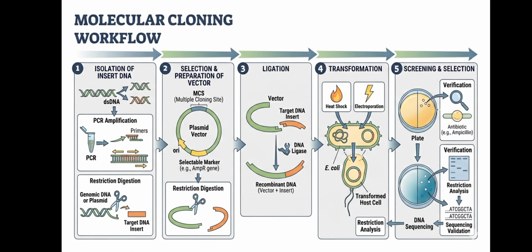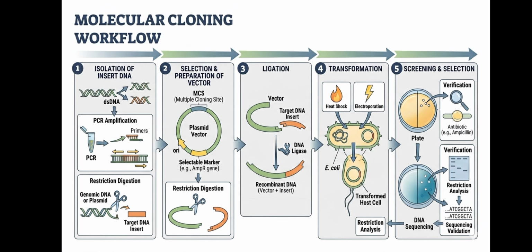So this is the molecular cloning workflow. This is important that you understand this. In step number 1, the isolation of insert DNA, let's say here we have taken the insulin gene as an example, and it has been amplified, that is, multiple copies of the insulin gene have been made. It has been inserted into the plasmid vector, which we have obtained from the bacteria, and both are joined together and inserted into the bacteria with the help of many processes.